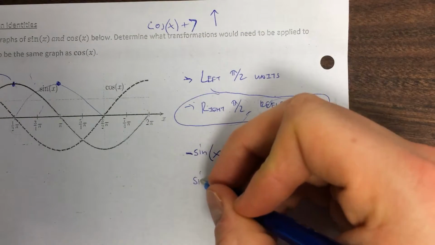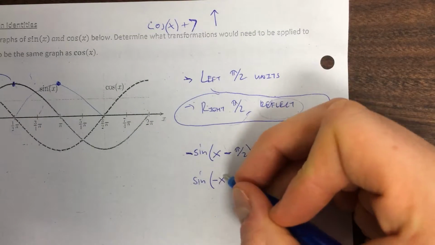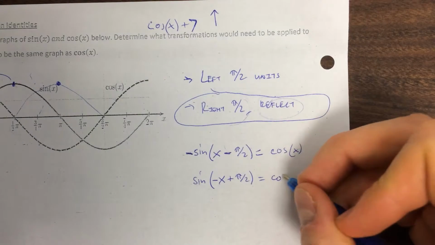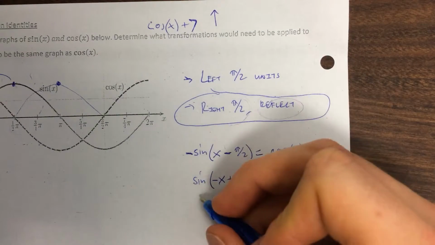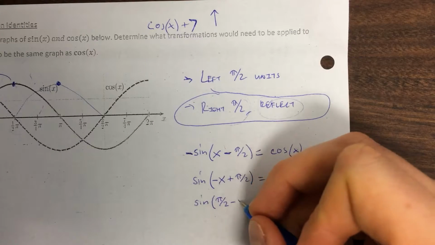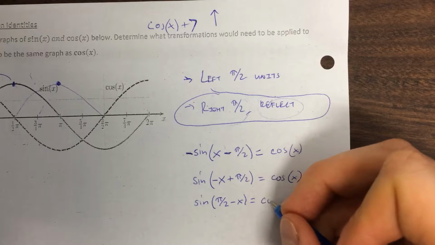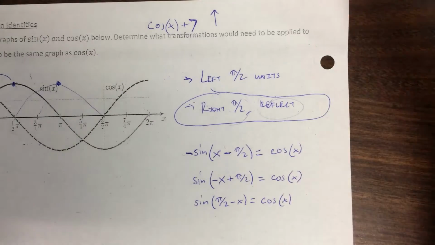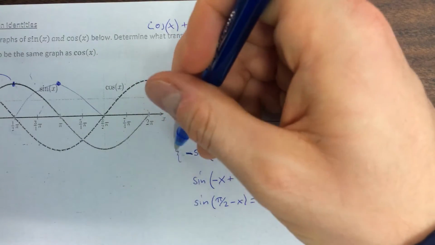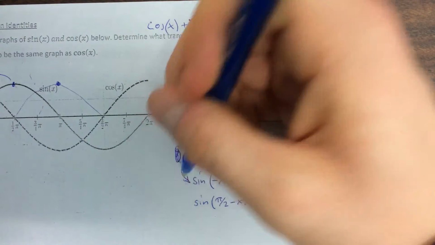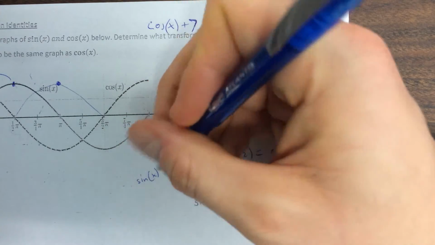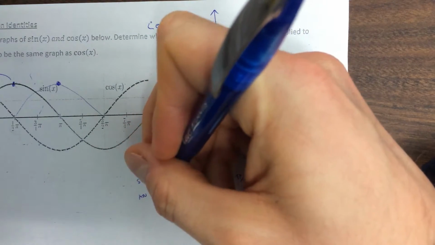If we do that, that becomes negative x plus pi over 2. Just to clean it up a little bit, it would be sine of pi over 2 minus x is equal to cosine of x. We can go from there to there because sine is an odd function.